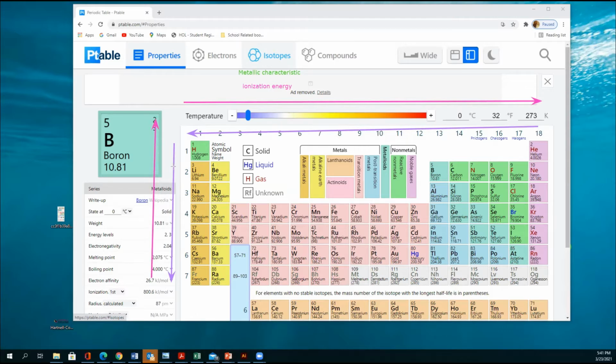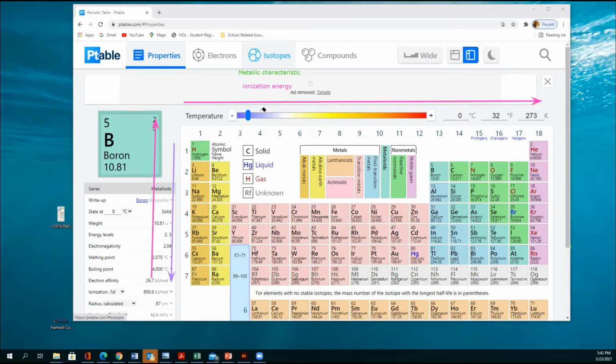So ionization energy is going to increase from bottom to top, and it's also going to increase from left to right. That's correct? Okay, so that's good.